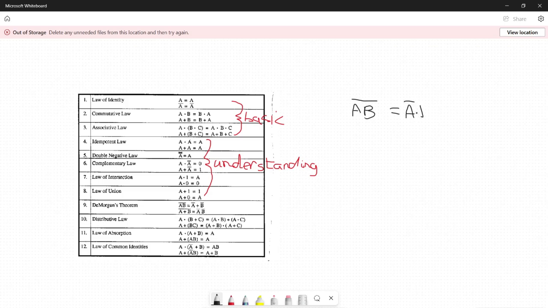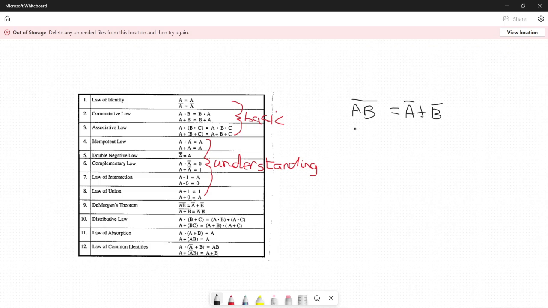So A plus B, inverse. And now if we actually go and look at the proof for this, this is A times B, all not. So these are both under one not sign.